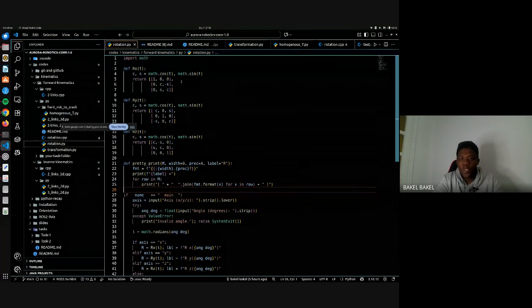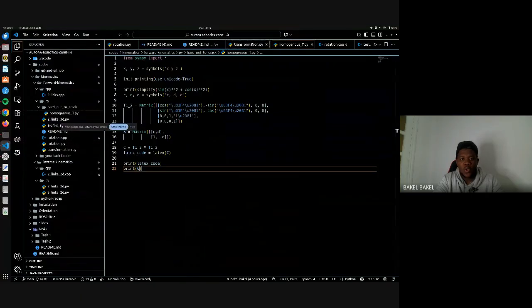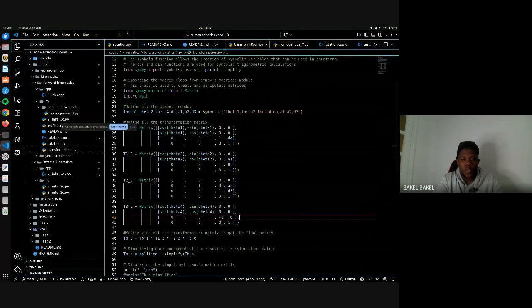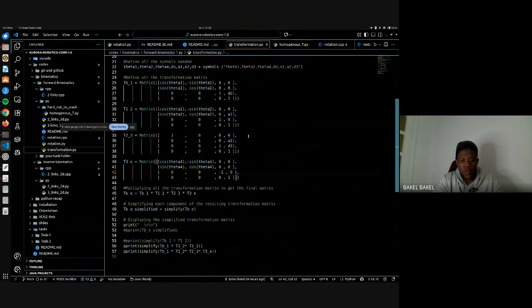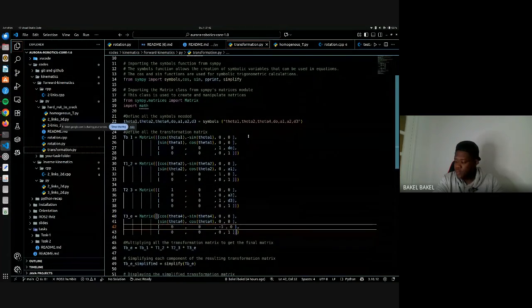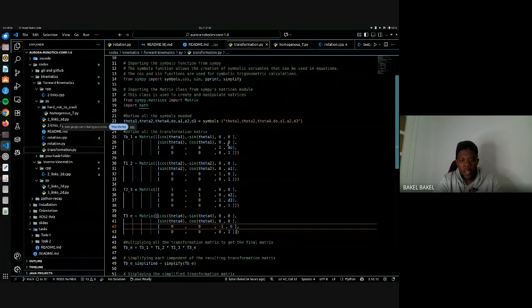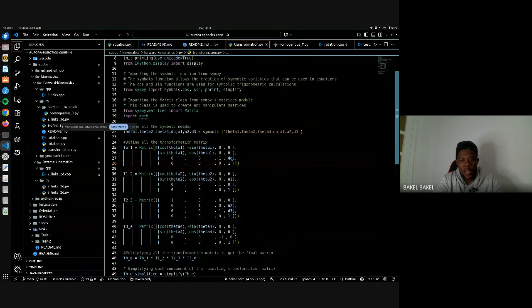Then we have the homogeneous transformation that we did. This particular code allows us to visualize transformations. Let me quickly make a few modifications to it, because this is in 3 dimensions.